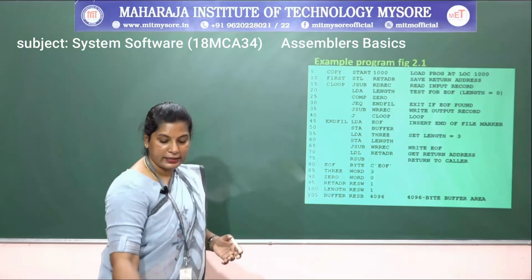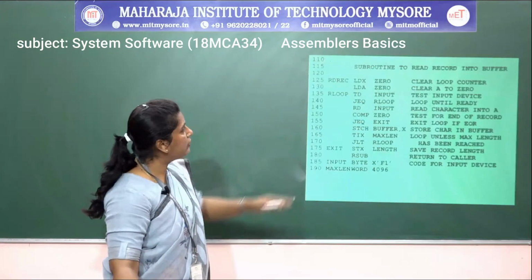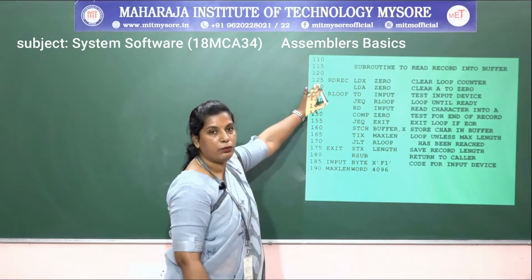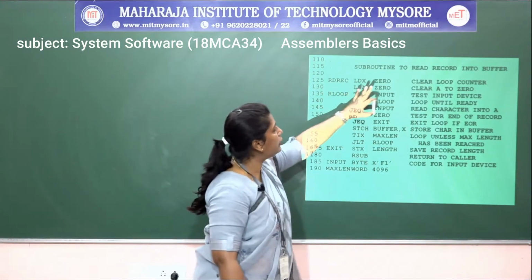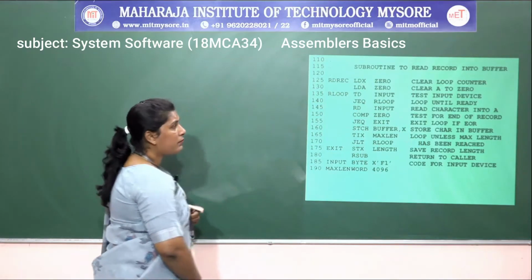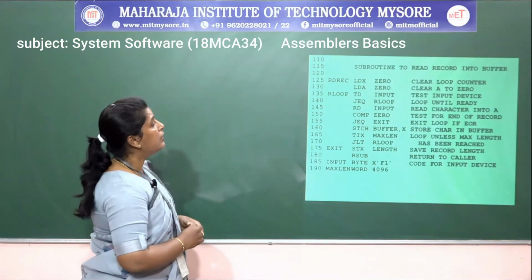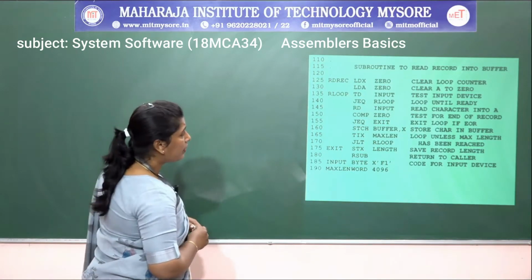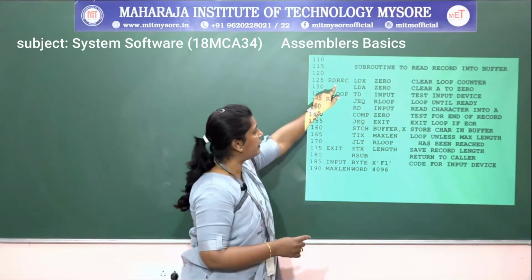This is the main routine and this is the subroutine, which starts from line number 125. It is the subroutine to read a record into the buffer, and the read rec subroutine starts from here.